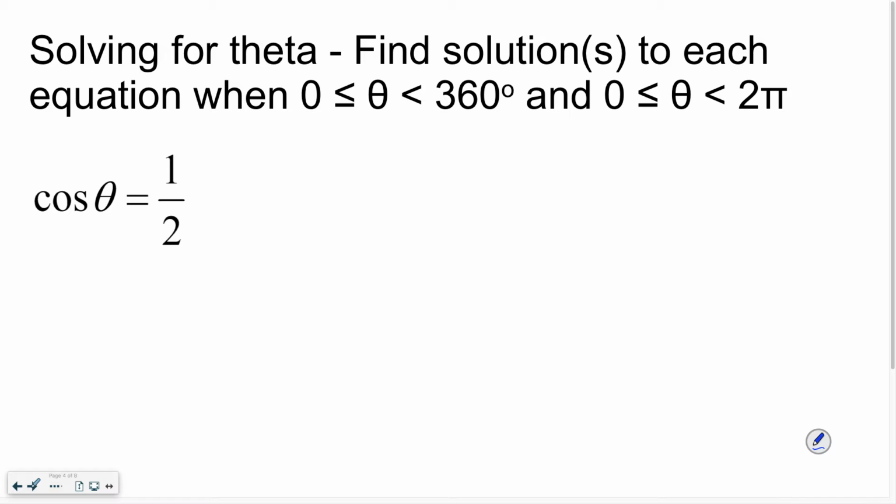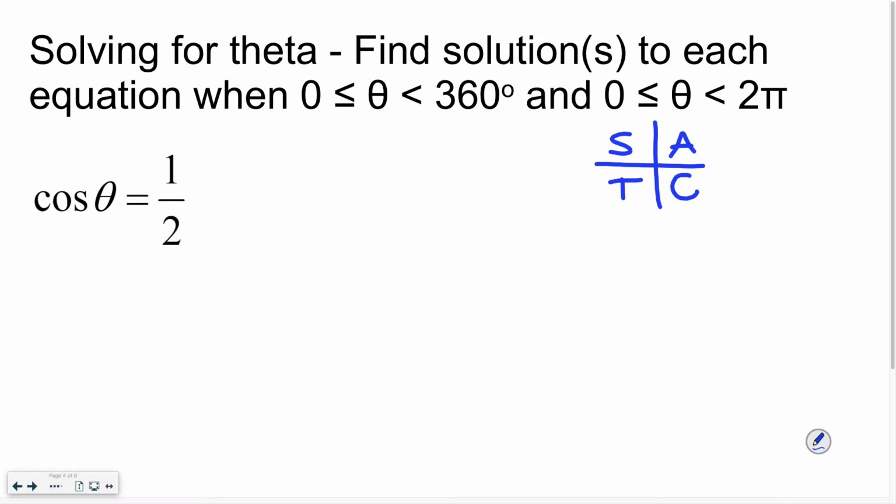How many times does the cosine equal 1/2 on your unit circle? Twice. Okay? If we think about it's all students take calculus, right? There are 2 quadrants where the cosine is negative, and 2 quadrants where the cosine is positive.